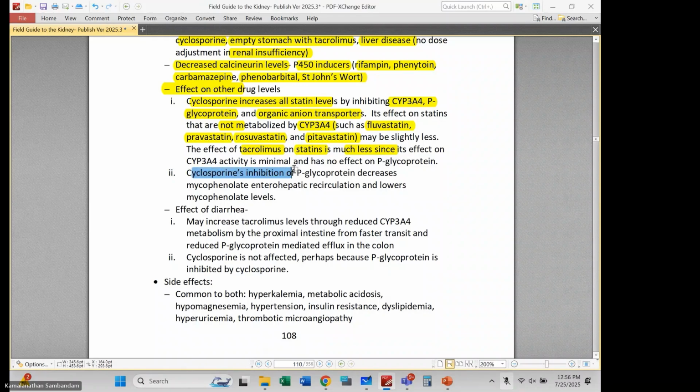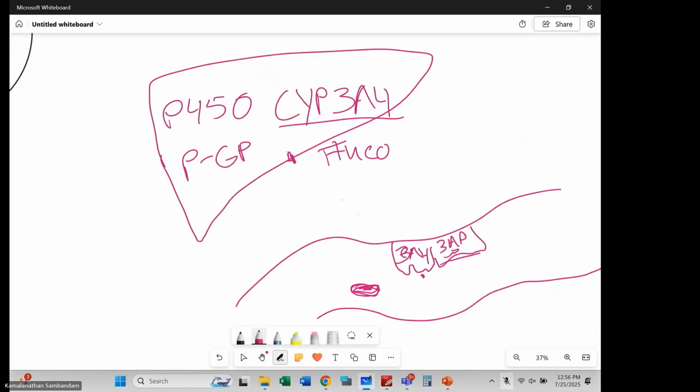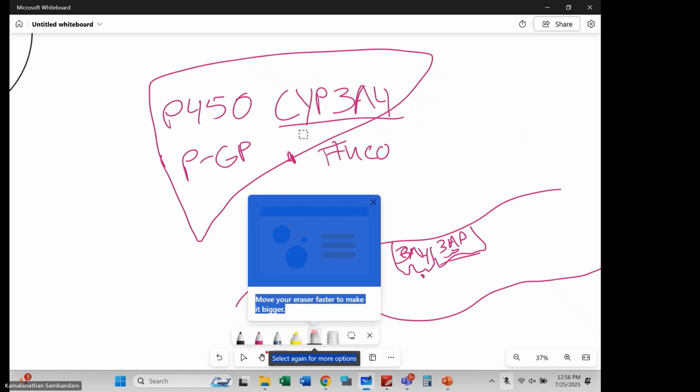Now, cyclosporin's inhibition of P-glycoprotein will be predicted to lower mycophenolate exposure. Okay, let's talk about that. I can use this as well.